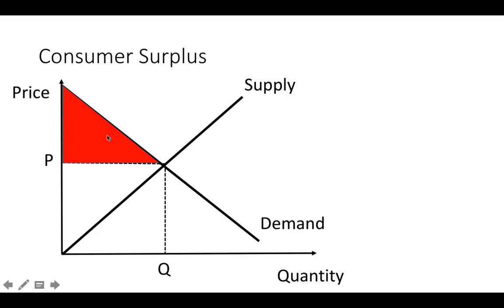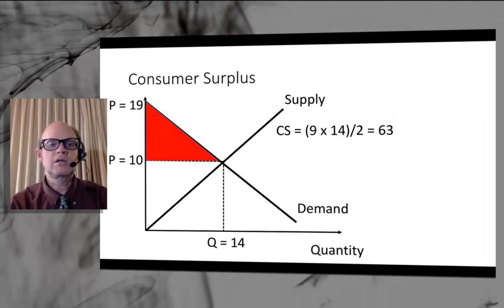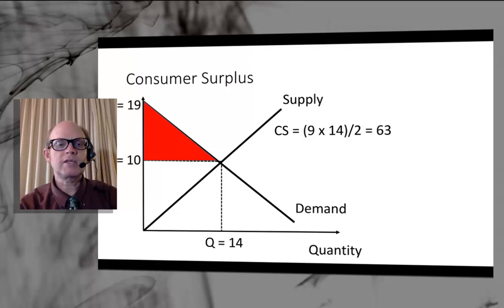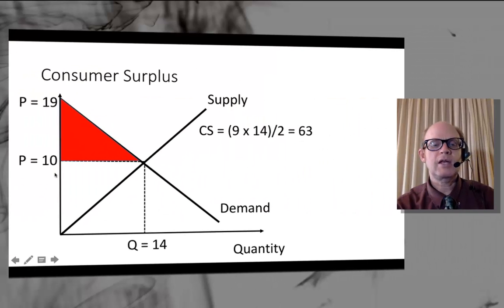Now if we have some numbers for price and quantity, we can actually estimate the amount of the consumer surplus. So here we have an equilibrium price of 10 and an equilibrium quantity of 14. We have a price up here of 19. So we can calculate the area in this triangle.